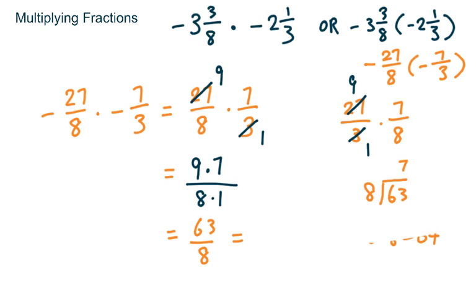Alright, so I'm going to erase this. 7 times 8 is 56. So let's write down 7 here first, and then we know that the denominator has to be 8. So 63 minus 56 is 7. So the answer is 7 and 7/8.